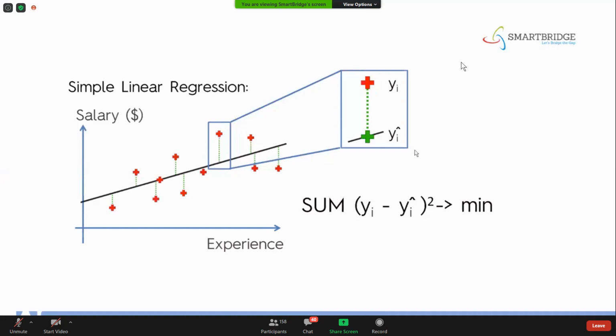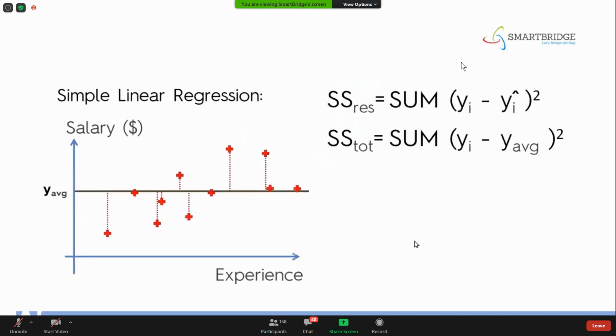So the error of the best fit line as well as the error of the average line are used for calculating the R2 underscore score, right? So this is the error for the best fit line. And then you also calculate the error for the average line.